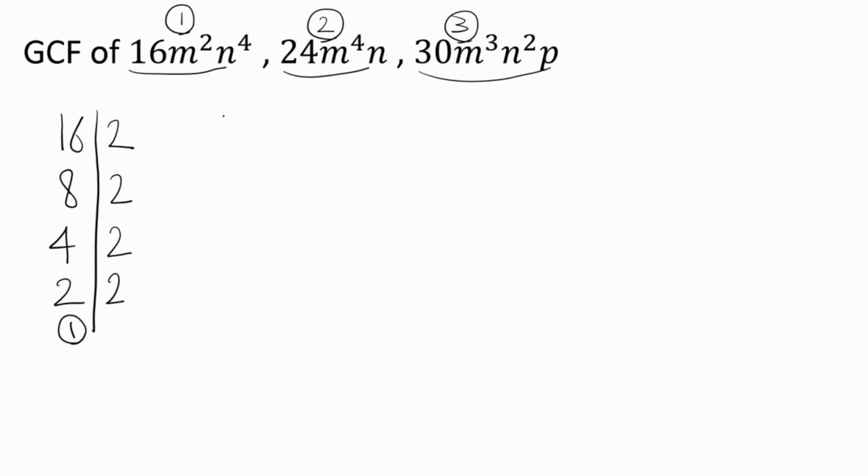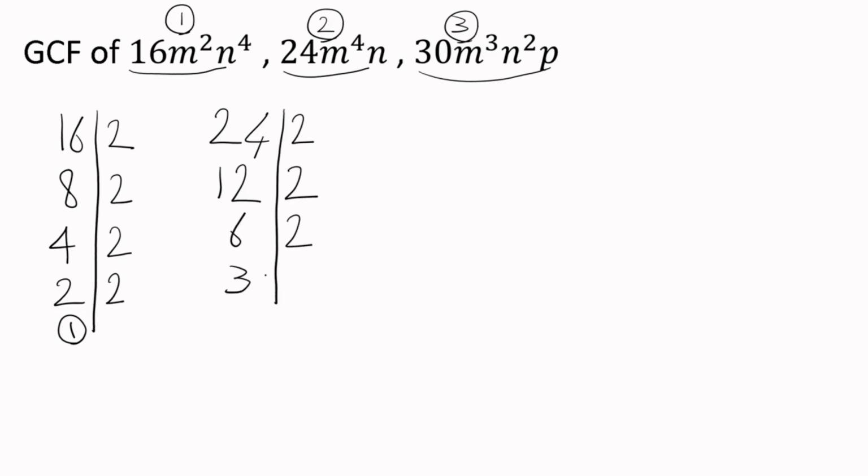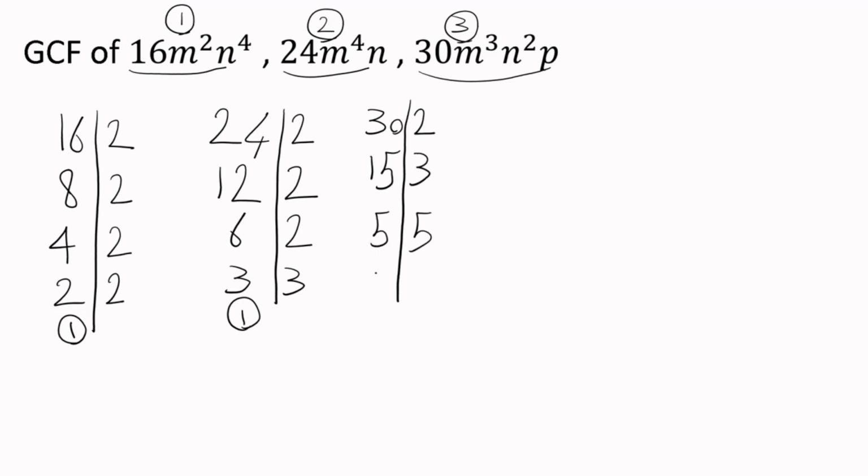When I reach 1, I must stop. 24. I can start with 2. I'm going to have 12, 2, 6, 2, 3, 3, 1. 30. I can start with 2, 15, 3, 5, 5, 1.